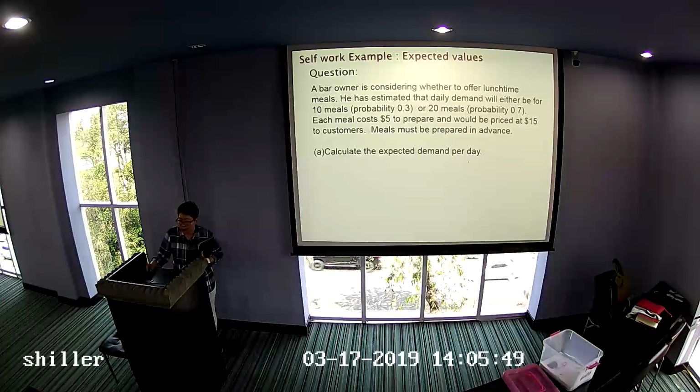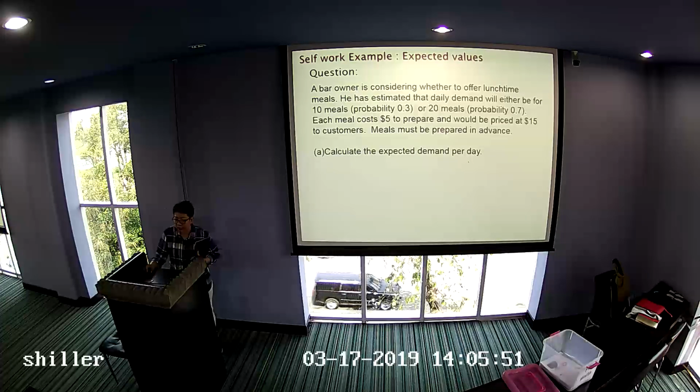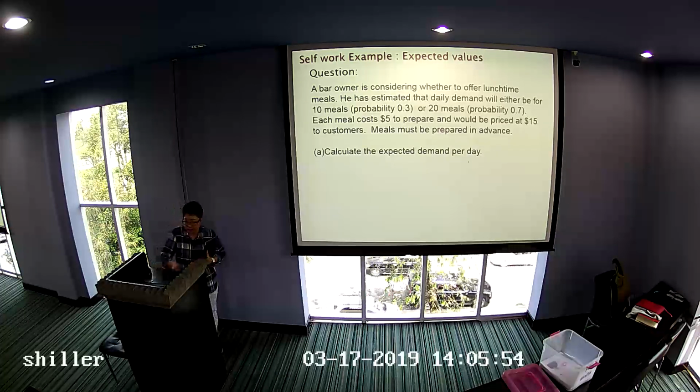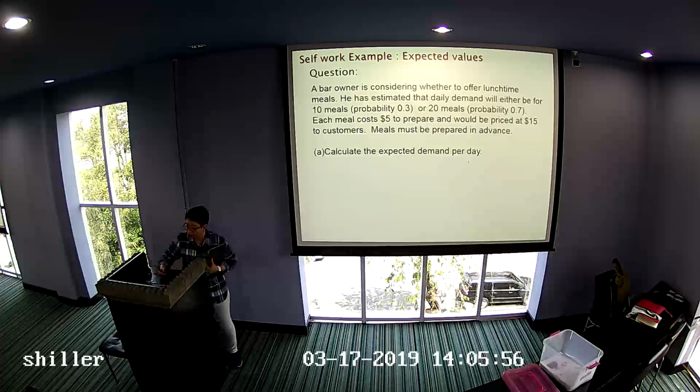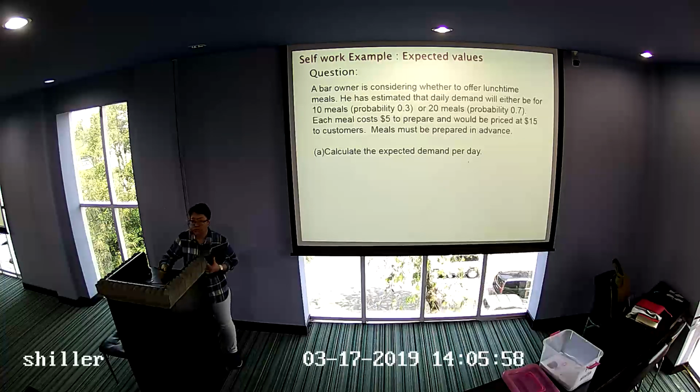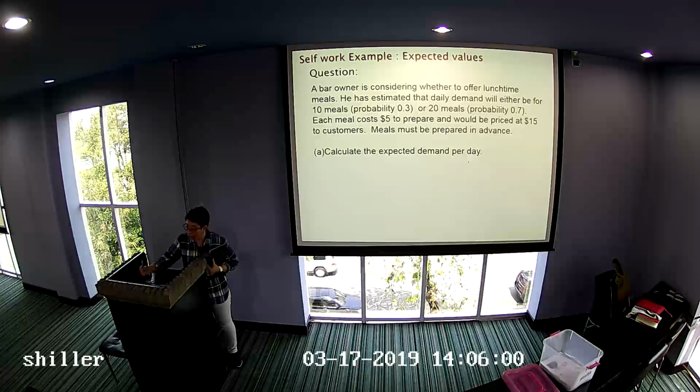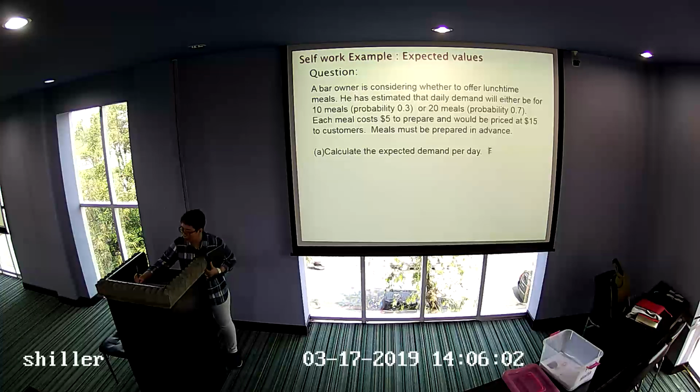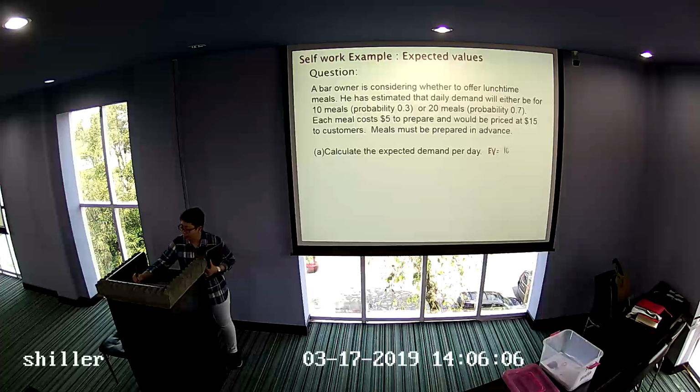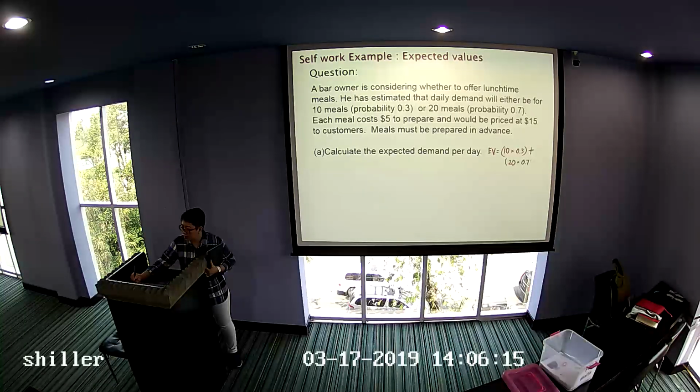So first, can you calculate the expected demand per day? In other words, what is your EV? What should I do in the EV here? 10 multiplied by what? 0.3 plus 20 multiplied by 0.7.